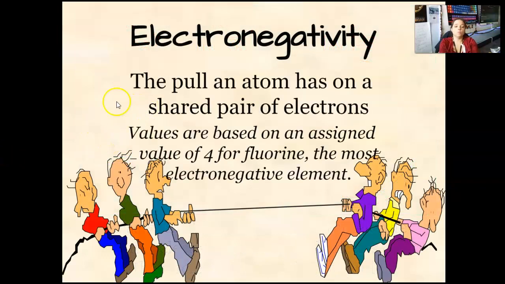Okay, so we did atomic radius and ionization energy. Now we're going to look at electronegativity: the pull an atom has on a shared pair of electrons. The values are based on an assigned value of 4 for fluorine, the most electronegative element.